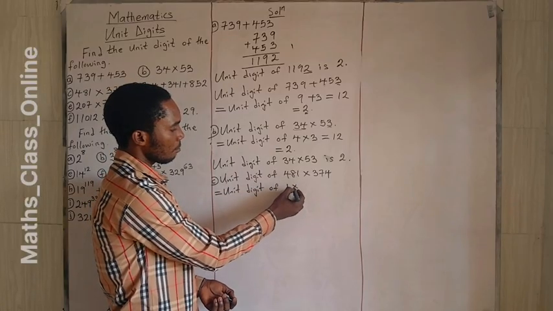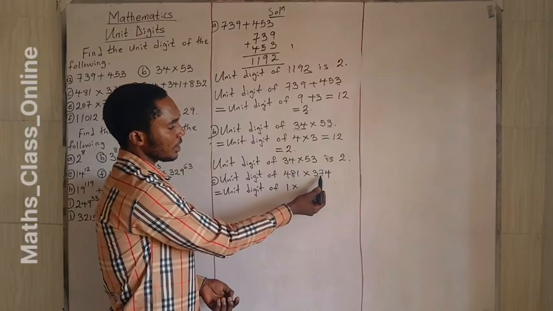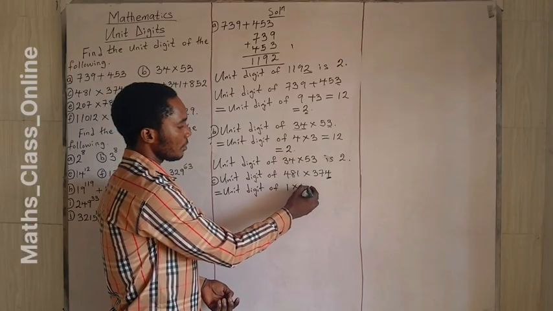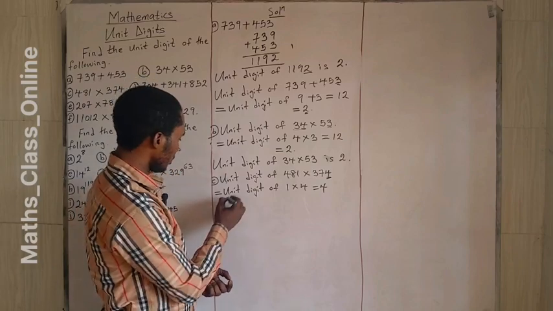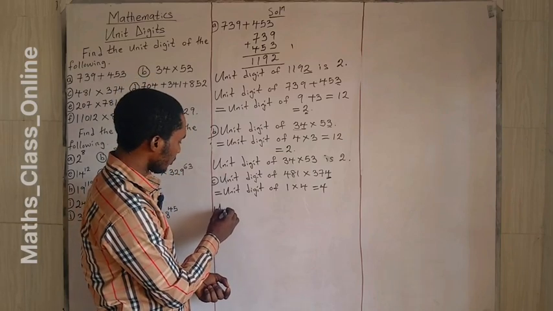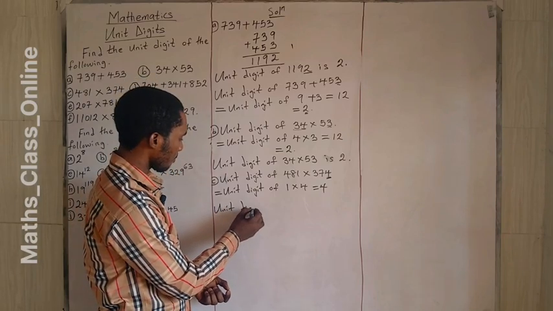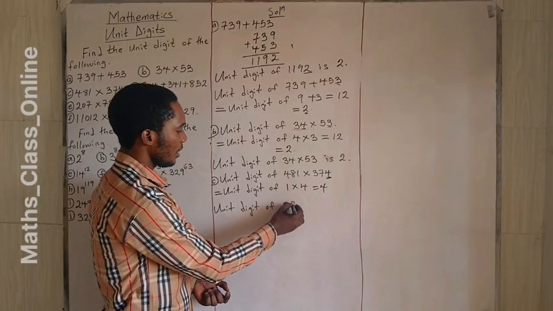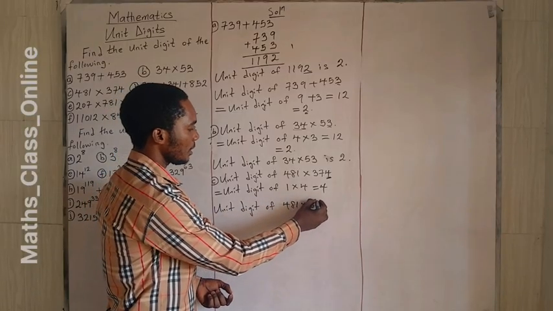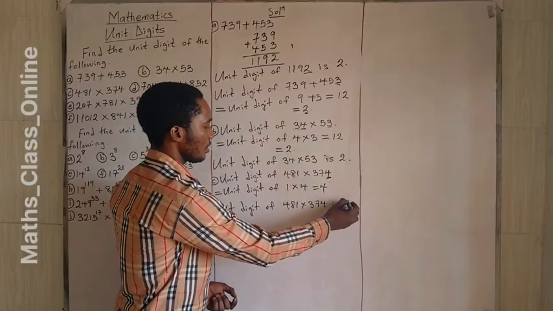That is 1. Multiplied by unit digit of 374, that is 4. 1 times 4 will give us 4. This means the unit digit of 481 multiplied by 374 is 4.